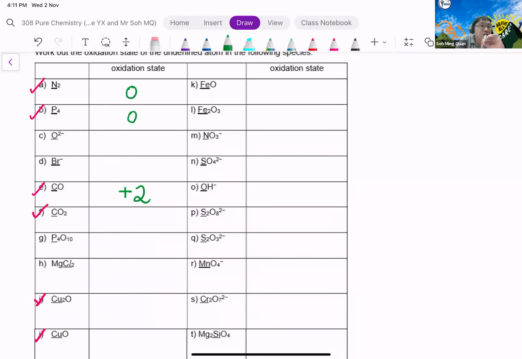So from CO, we now go to CO2. What's the oxidation state of carbon in CO2?